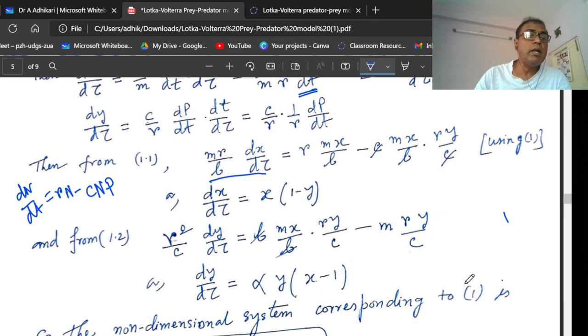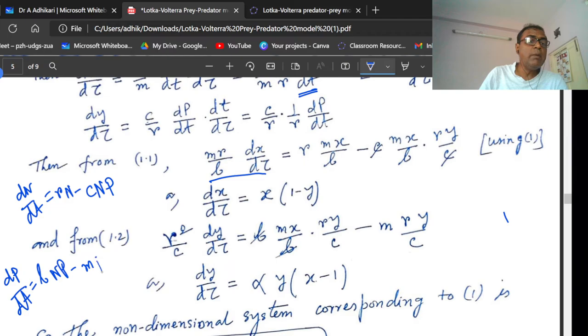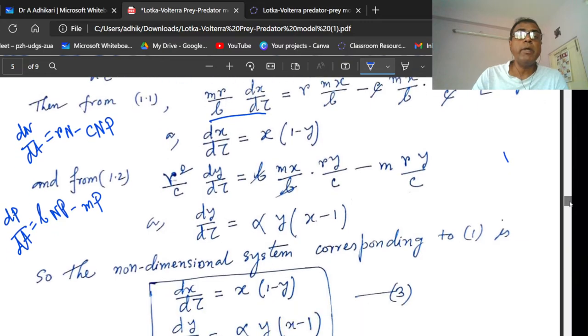And similarly from 1.2, dp/dt equals b into np minus m into p. So dp/dt equals r squared by c dy/d tau, and b into the value of n and the value of p minus m into the value of p. After simplification we get dy/d tau equal to alpha, that is m by r, into y into bracket x minus 1.